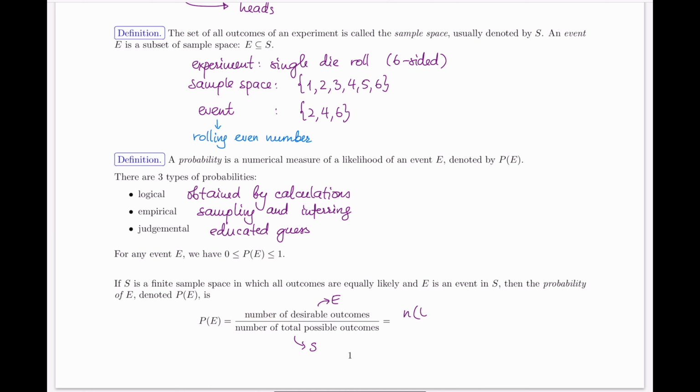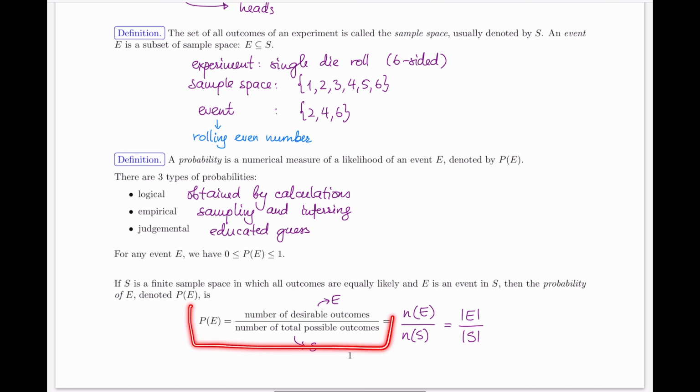So the notation for that, there's a couple of different notations. We can denote as N of E, so the number of elements in E divided by N of S, or the other notation that's used in the book is the vertical bars. So vertical bar E vertical bar, kind of like an absolute value. There's no absolute value for a set. This is the notation for the size of the set, the number of elements within it, otherwise also known as cardinality of the set. So the number of elements in E divided by the number of elements in S.